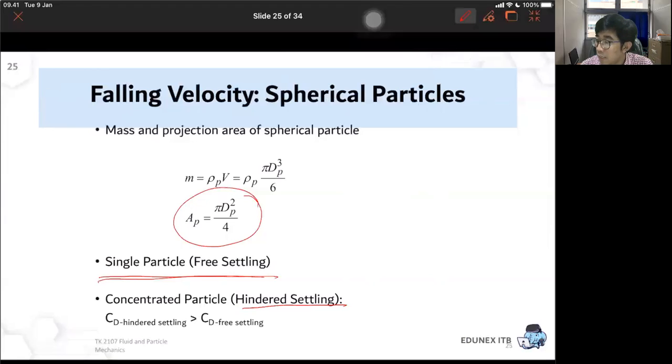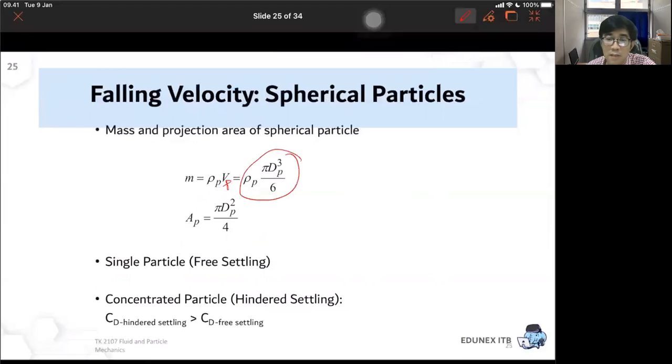The mass is the density of the particles times the volume of the particles, or you can derive it into this one. And AP is the circle area. Okay, from this formula, is there any confusion? Should be okay, right?